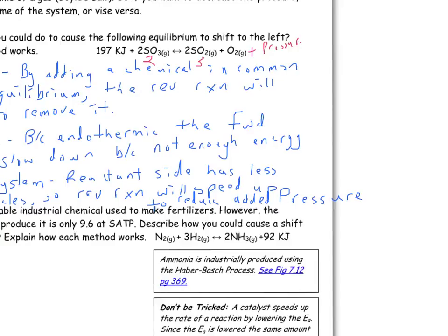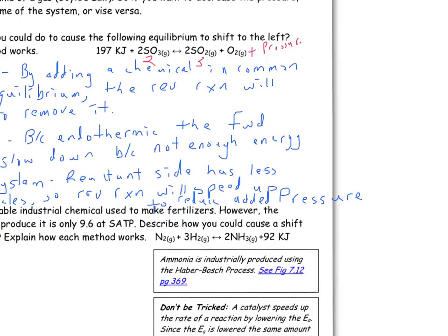Here's one misconception that some people get about changing pressure in an equilibrium. Some people will look at this equation here and say, oh, I have pressure on the right side of the equation. That means I need to increase the pressure on the reactant side.